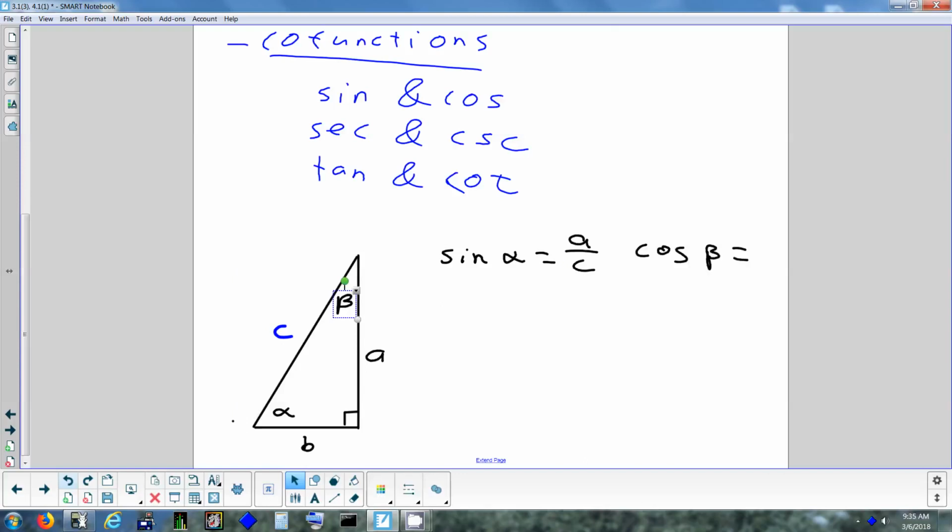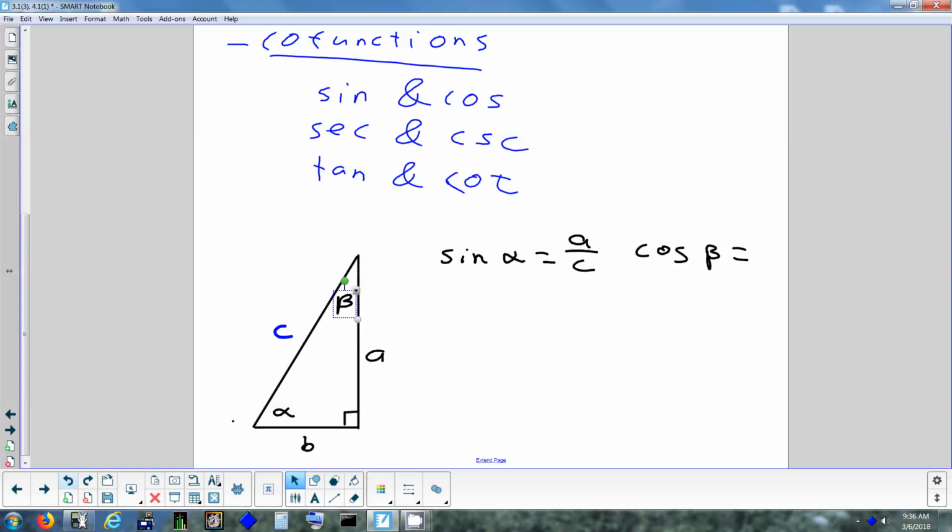So I did two things. From the first problem, I found the cofunction, and I used the other angle, the complement. Okay, so cosine beta. Sam, what's the cosine of beta come out to? Isn't it adjacent over hypotenuse? Yep, it's adjacent over hypotenuse.